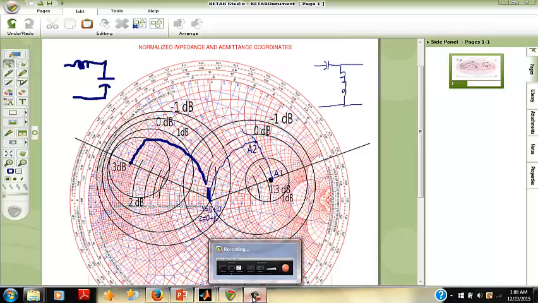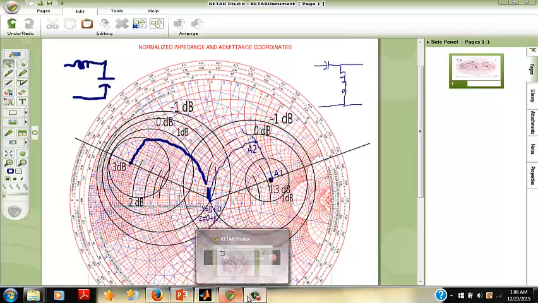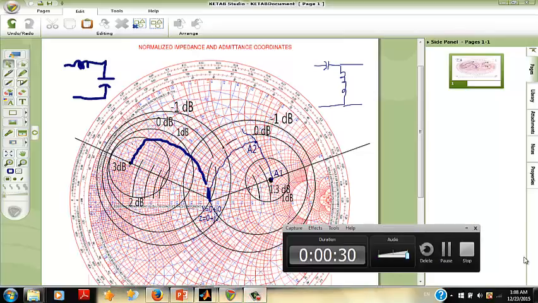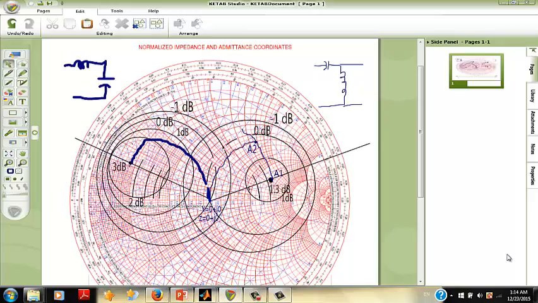We do the same for the source to find the source impedance for maximum power output.